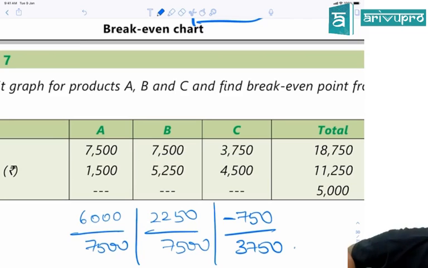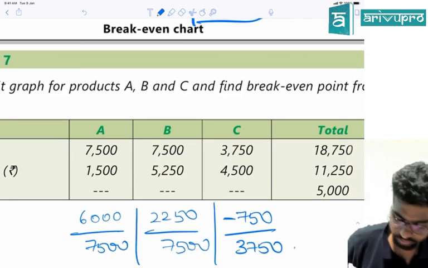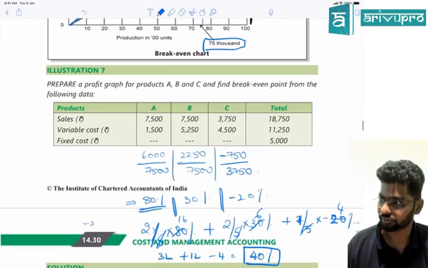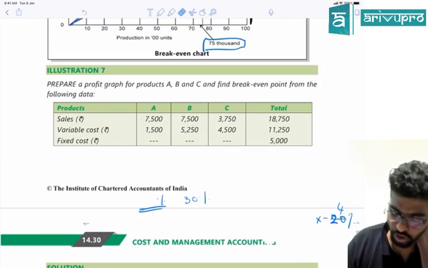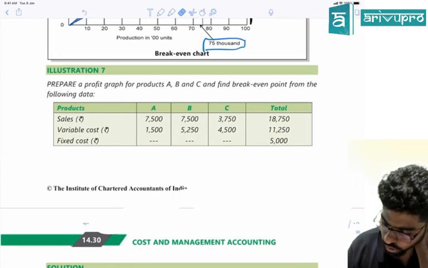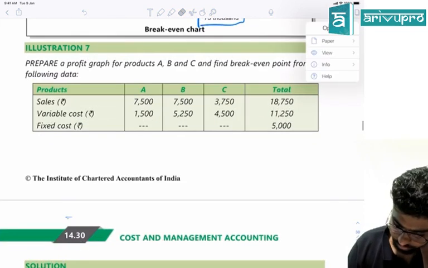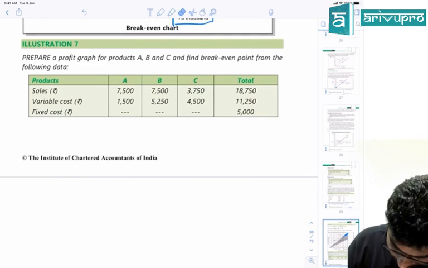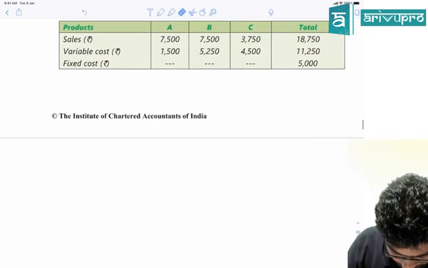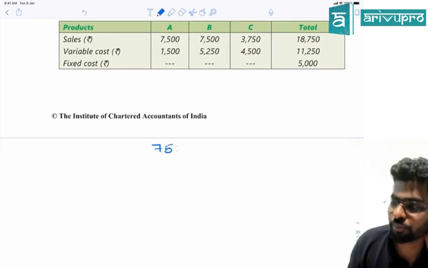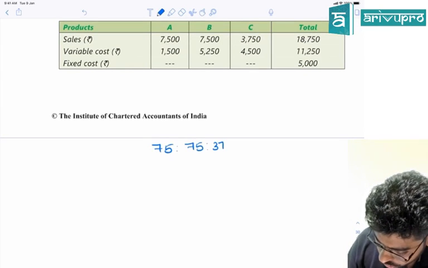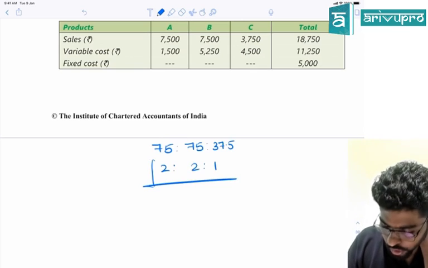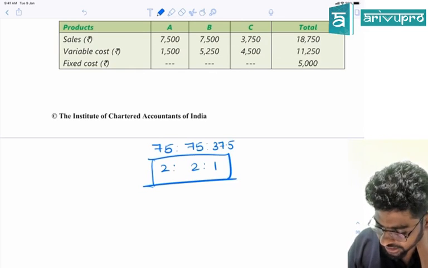See, my ratio of sales, if I look into my sales portion, is in the ratio of 75 is to 75 is to 37.5, which is in the ratio of 2 is to 2 is to 1. Till now, if I had to find a break-even point, I used to do fixed cost upon PV ratio.